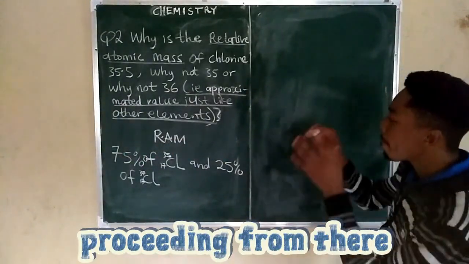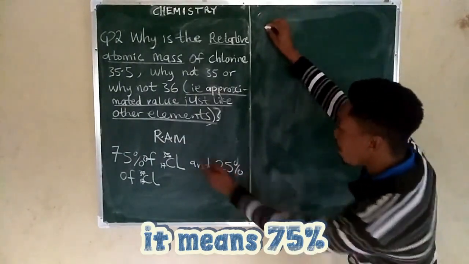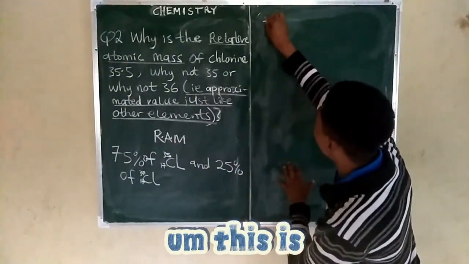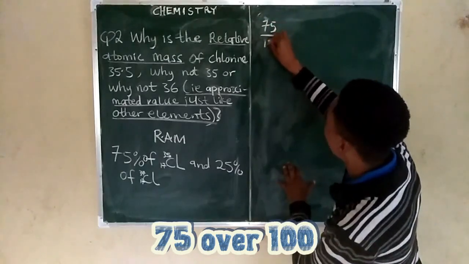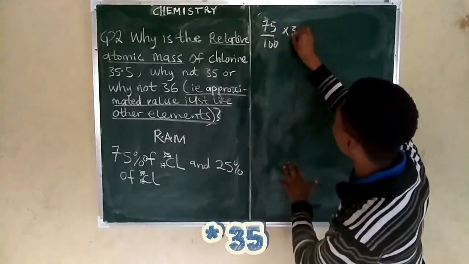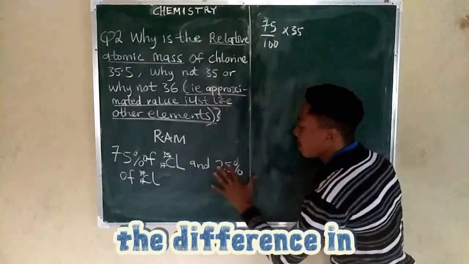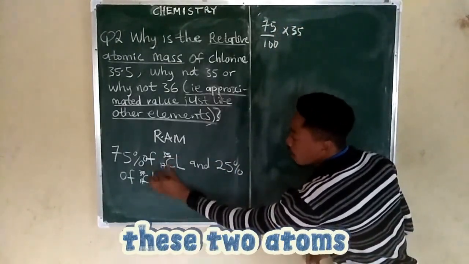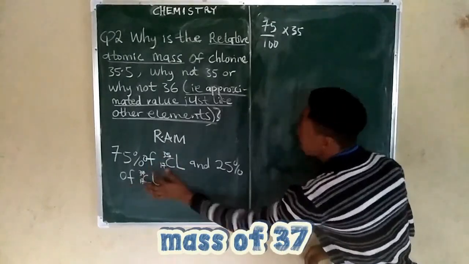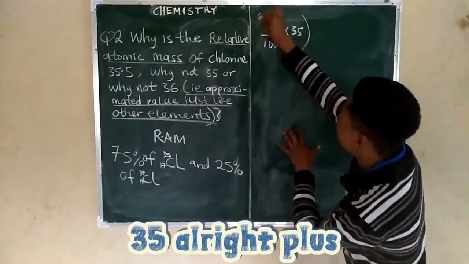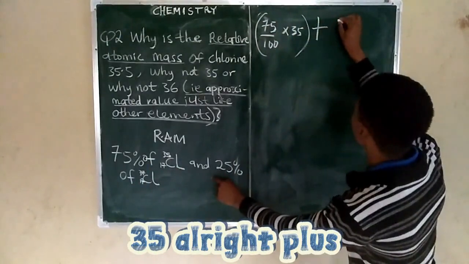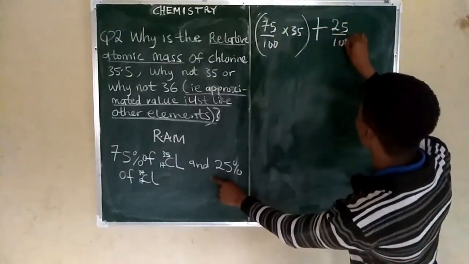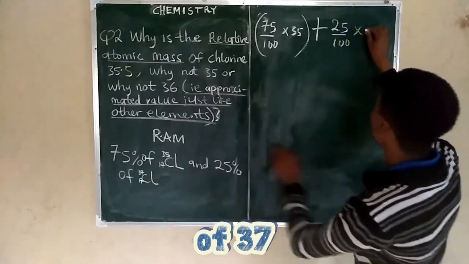Proceeding from there, it means 75% of this would give me 75 over 100 times 35. The difference in these two atoms is the mass of 35 and mass of 37. So 75% of 35 plus 25% of 37.